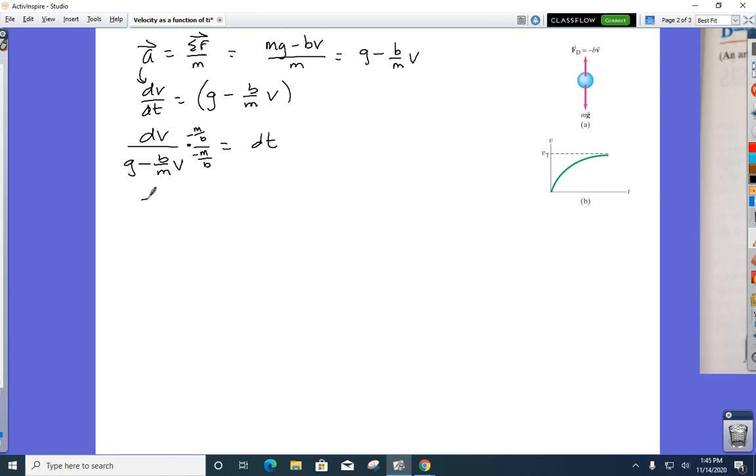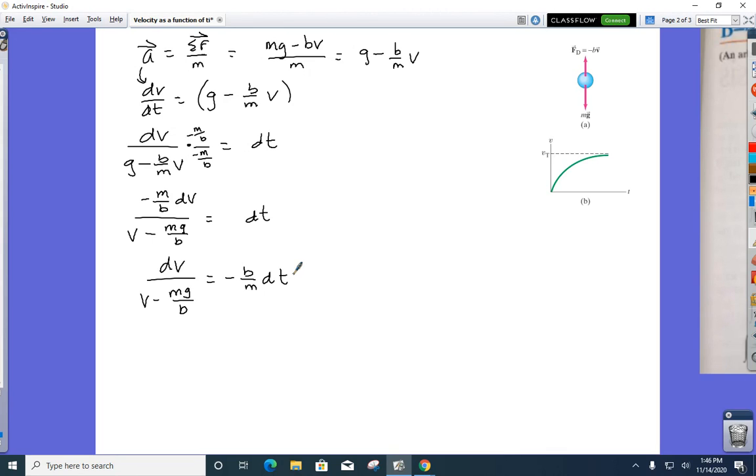So now what I'd have is negative m over b times dv all over v minus mg over b. And I might even bring that negative m over b to the other side and get something like this. Okay, just a little bit of math there.